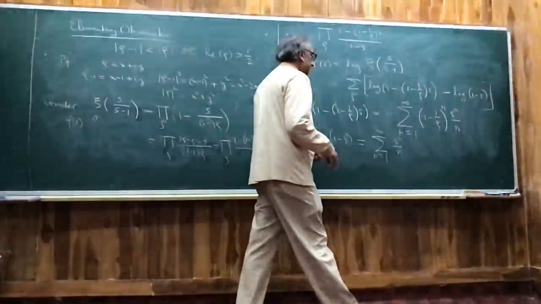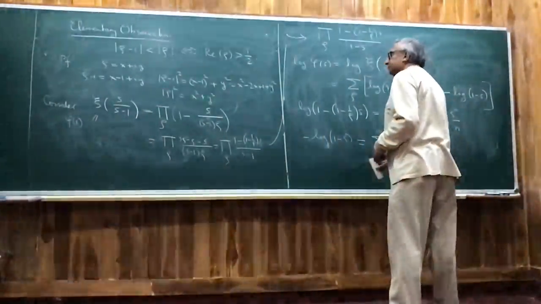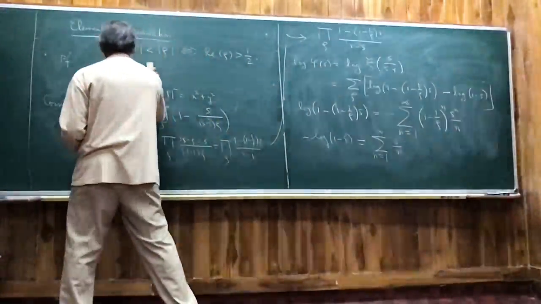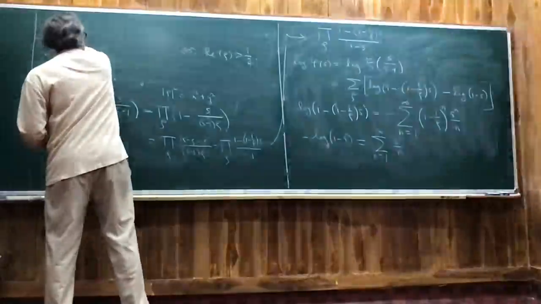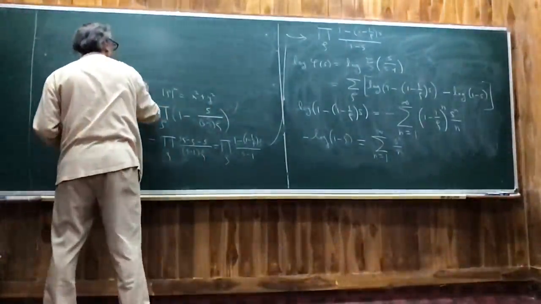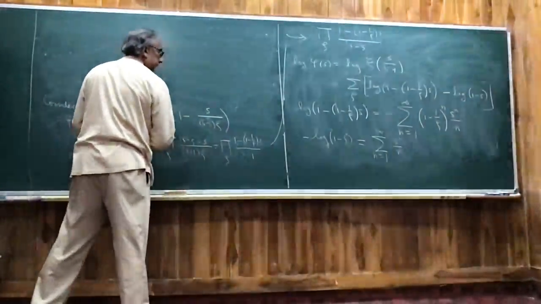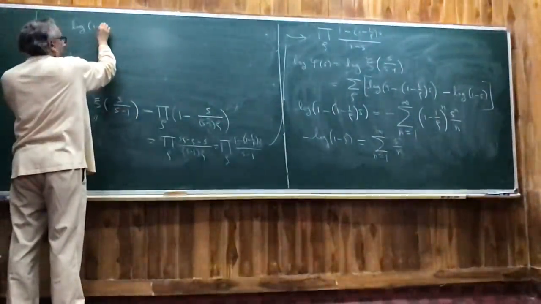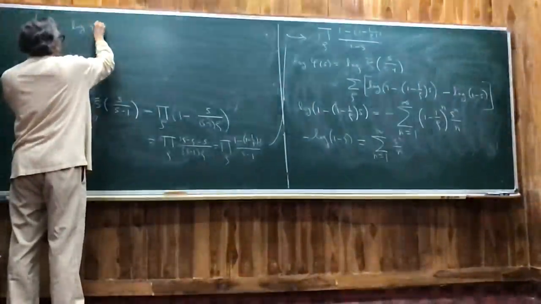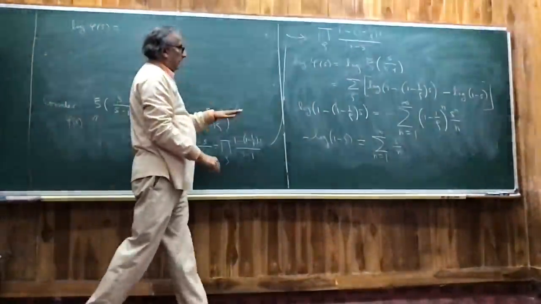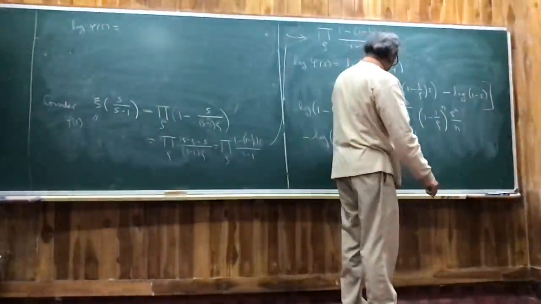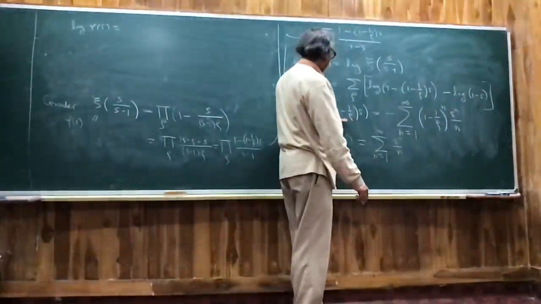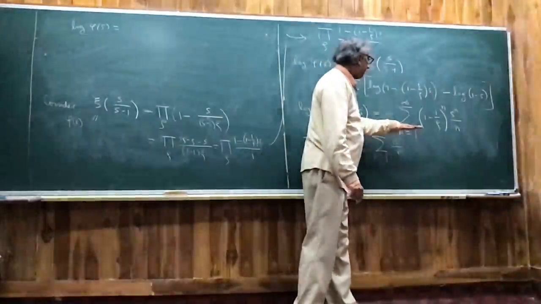So in other words, log of phi of S is equal to this expression here, and minus log of 1 minus S has this power series, and log of 1 minus 1 over rho S has this power series.